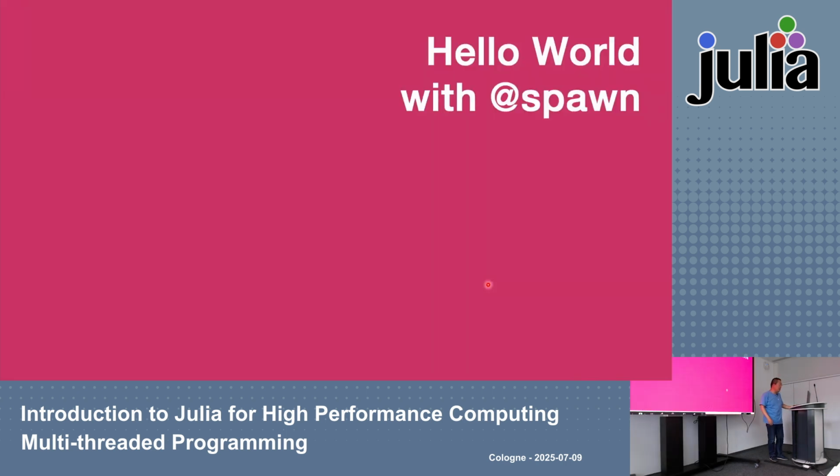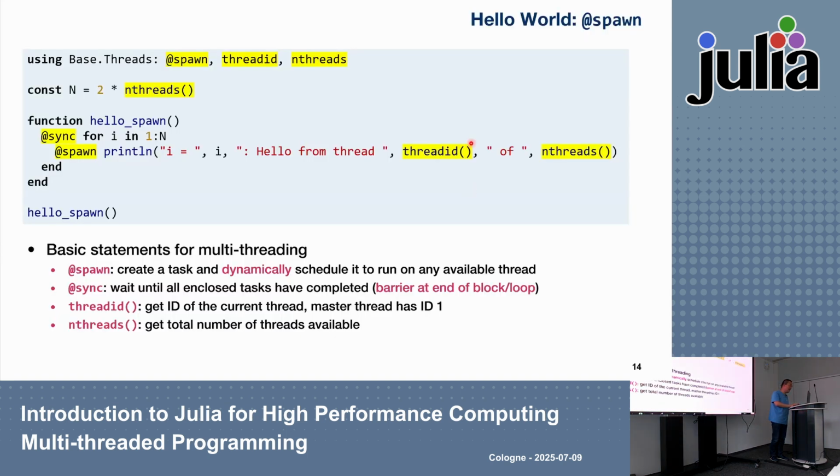Okay, that's all for the high-level part. Now, let's dive into multi-threaded Hello World by using Spawn, which is task-based parallelization. To use multi-threading, first you need to use the Base library.